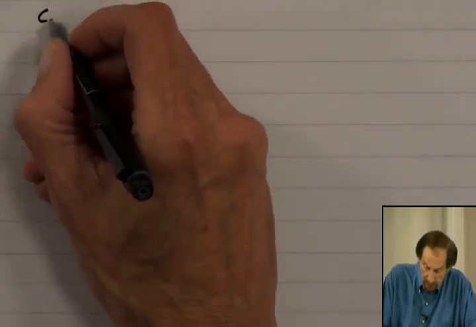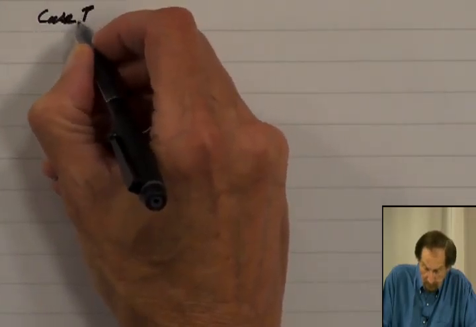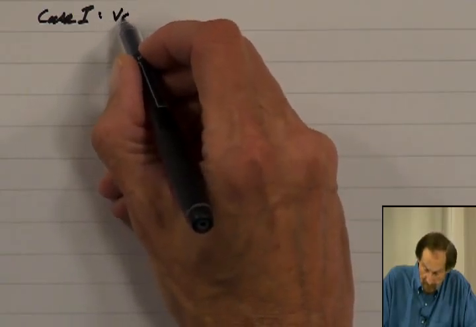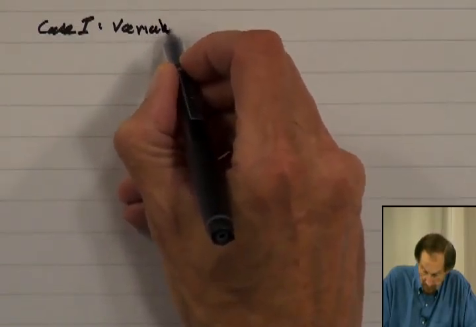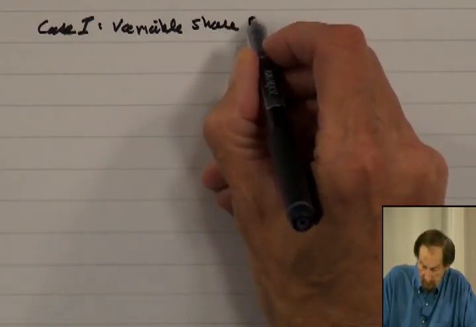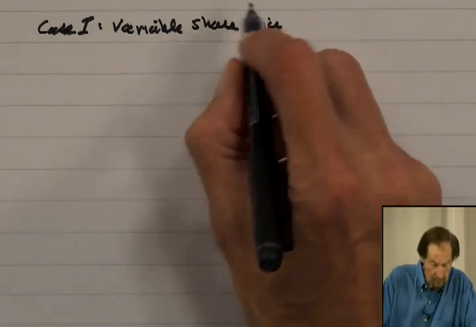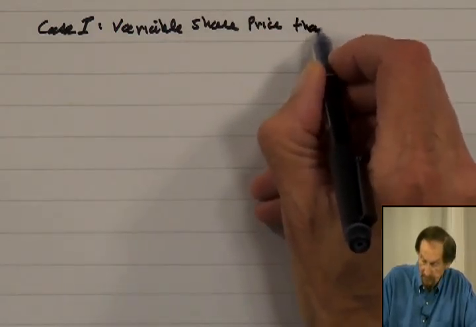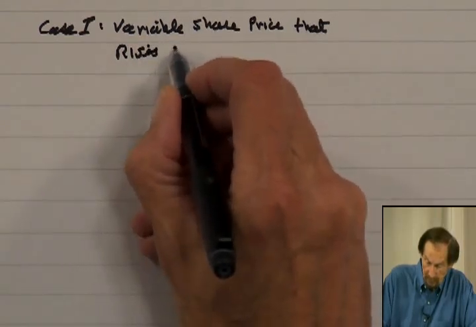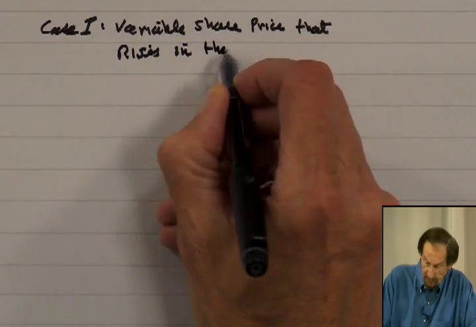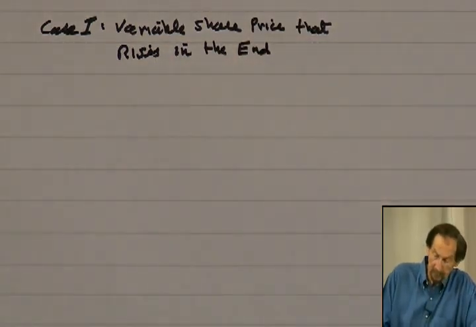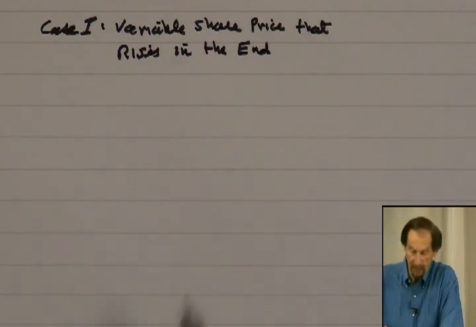Let's say case 1. We'll look at a number of cases. Case 1, we'll say variable share price that rises in the end. By that I mean near the end periods.